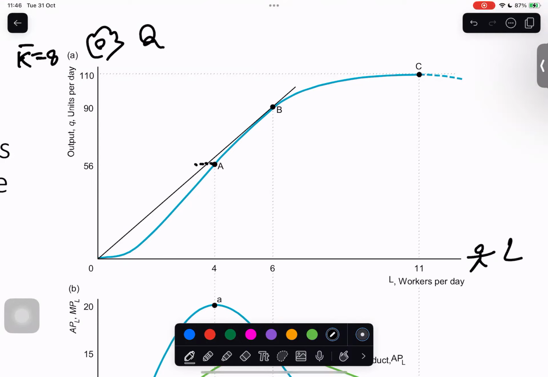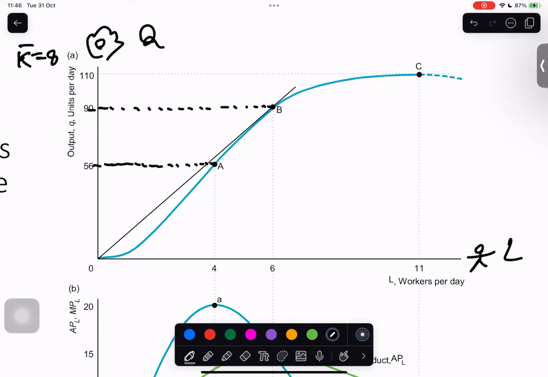Let's say if we use 4 workers, we got 56 pieces. If we use 6 workers, we got 90. Number of cookies reach the max and stop to increase any further when we use 11 guys.